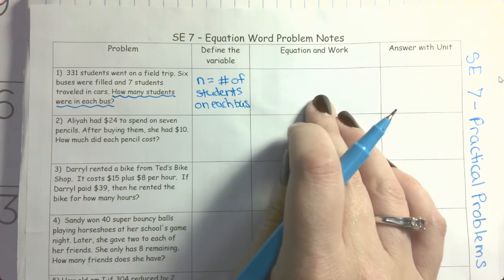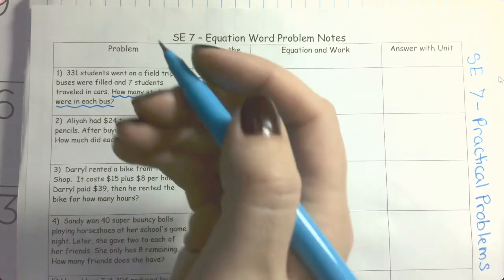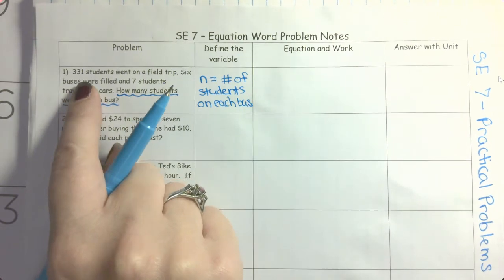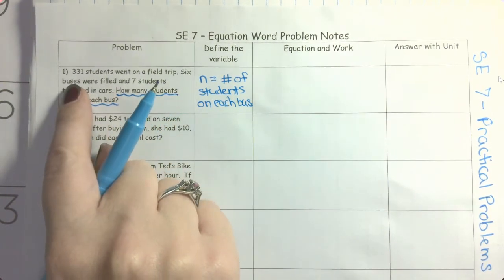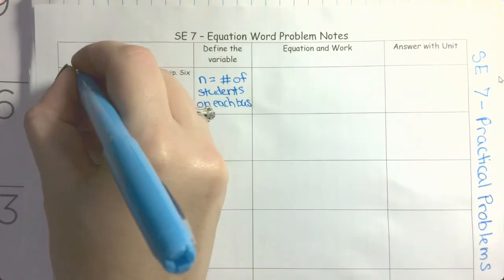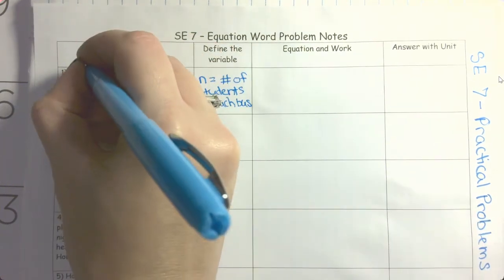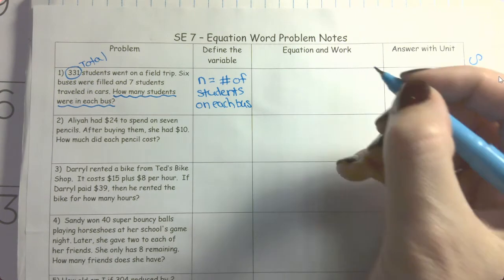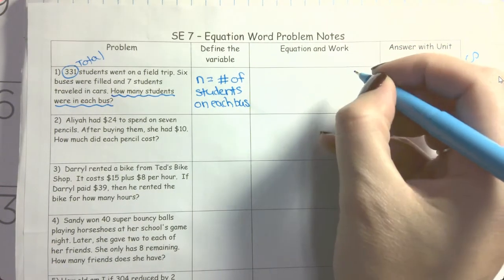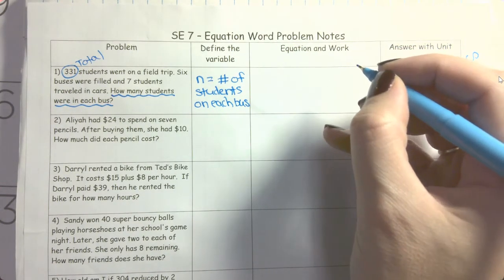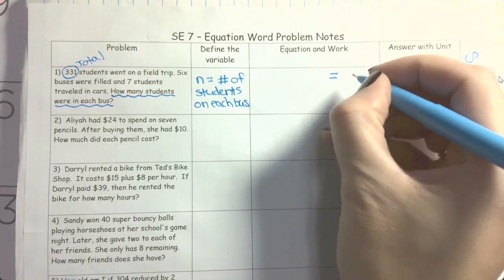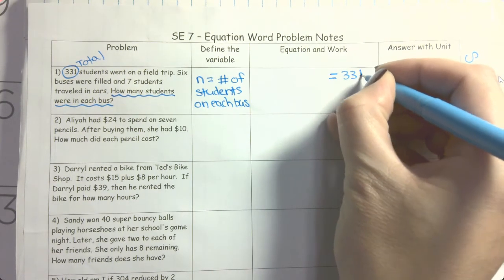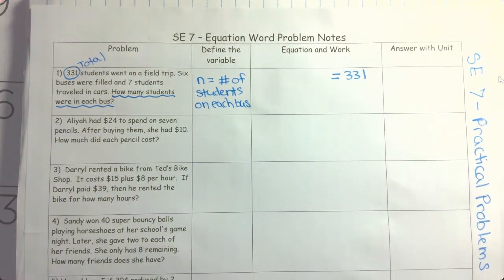And then you're going to figure out what goes together to create the total. So if 331 students went on the field trip, that's my total number of students going. So I'm going to circle that 331, and that is my total. So I know that whatever my other numbers are, they have to equal 331. So whatever my other numbers are and their operations have to total 331.